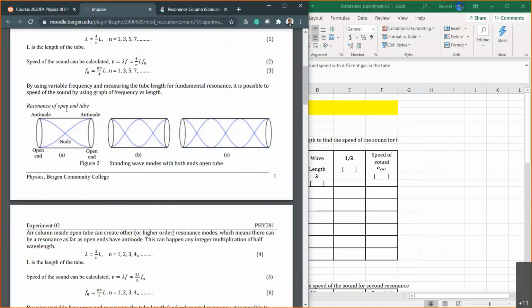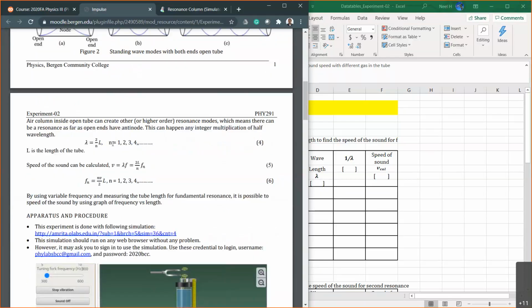So if I keep that condition fixed, with both ends antinodes, the first resonance can occur only up to this condition. So this is lambda by 2, and then complete lambda, and then 2 lambda, and so on. So in this case, n is going to be all the numbers: 1, 2, 3, 4, all the numbers.